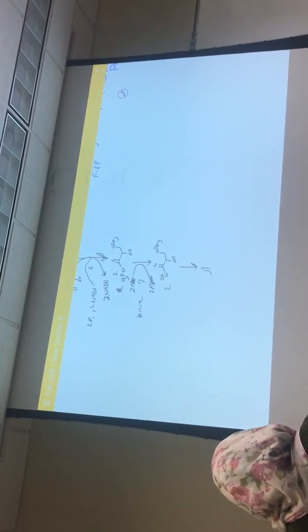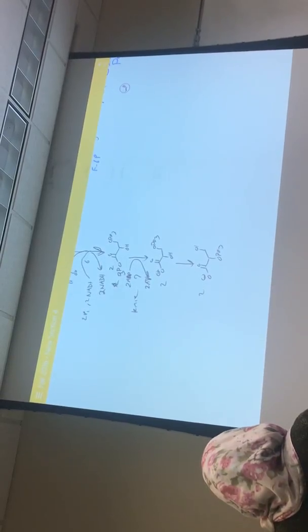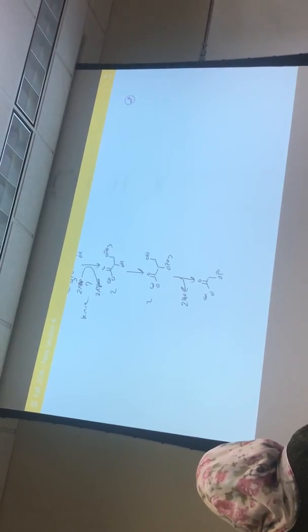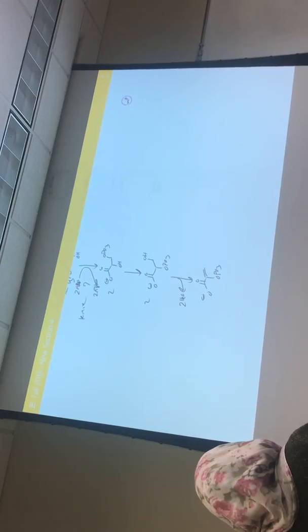We have 2 of those, 2 of these. Enolase gets rid of that water. 2 waters leave, and we make the phosphoenol pyruvate, which is very high energy.